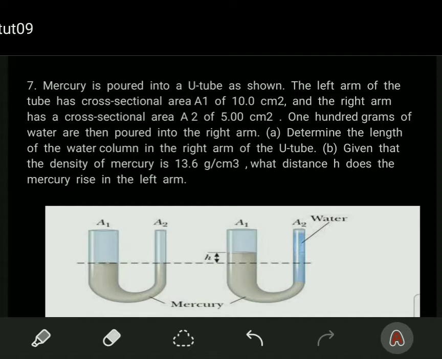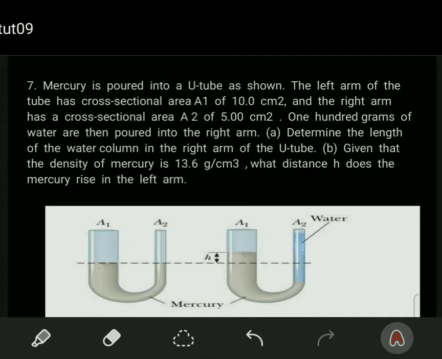We are pouring in 100 grams of water, and we want to determine the length of the water column in the right arm of the U-tube. After that, we are going to find the length of the mercury in the other column, which is on the left, given the density of mercury.